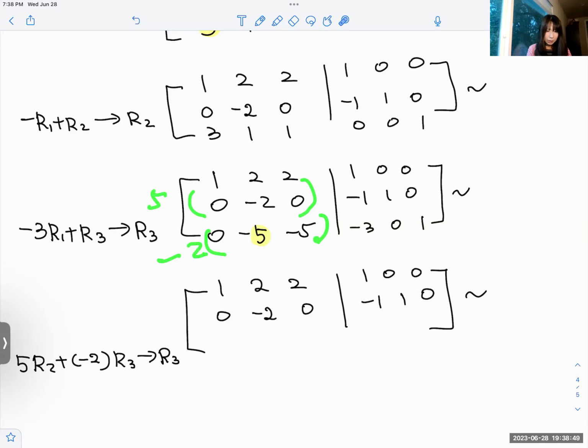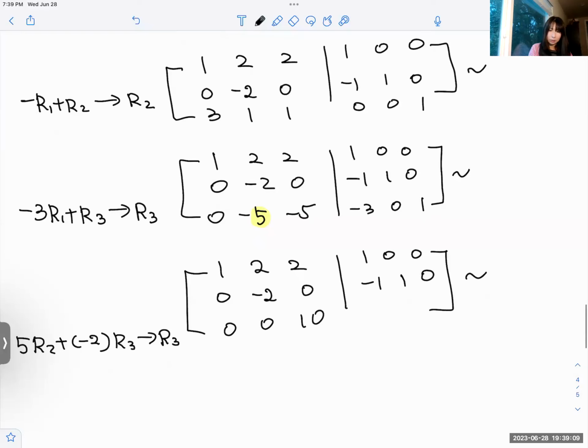Third one is +10, 0, 0, +10. Okay, and we get 5 and -2, right?